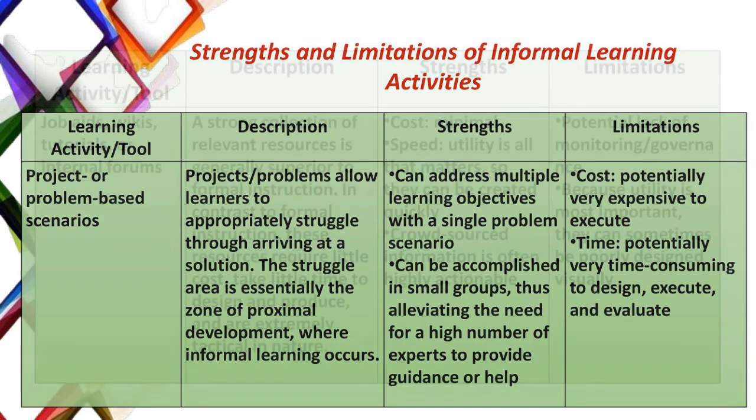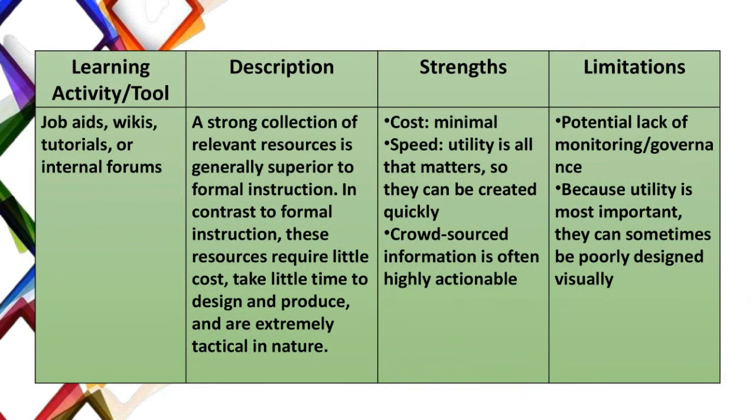Another activity is job aids, wikis, tutorials, or internal forums. The description: a strong collection of relevant resources is generally superior to formal instruction. In contrast to formal instruction, these resources require little cost, take little time to design and produce, and are extremely tactical in nature.